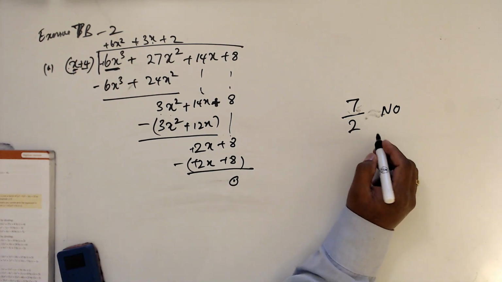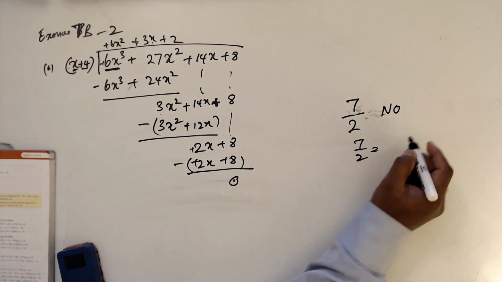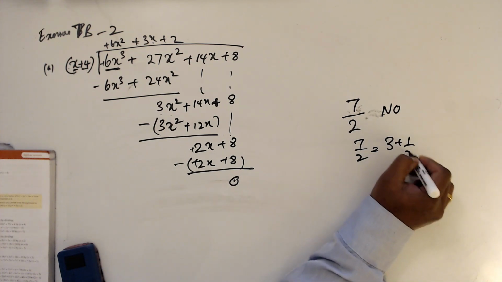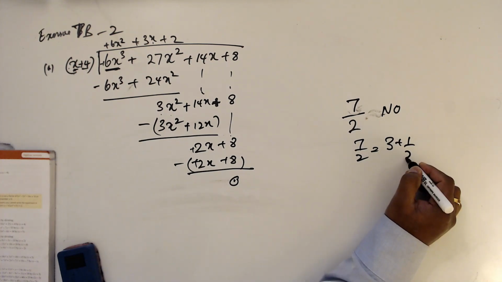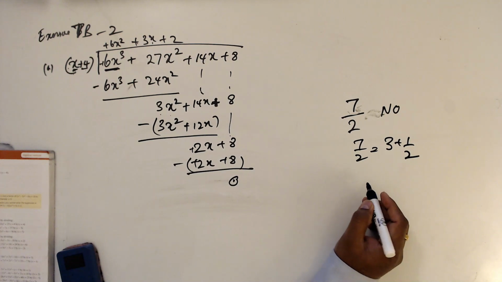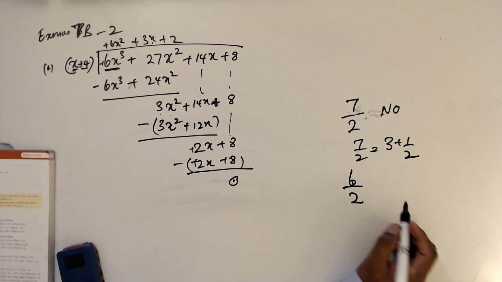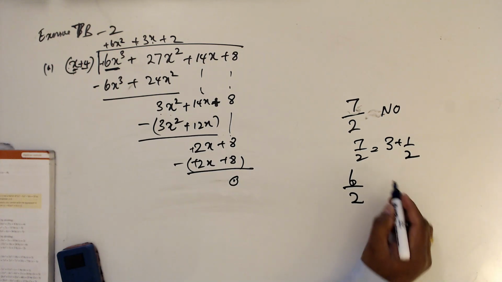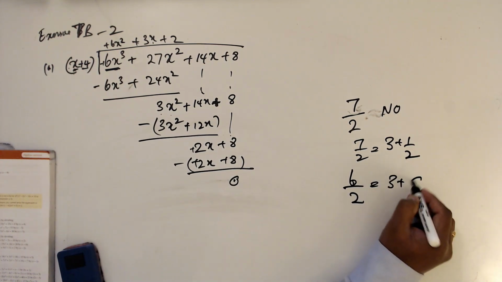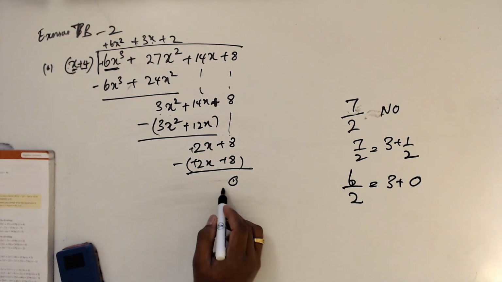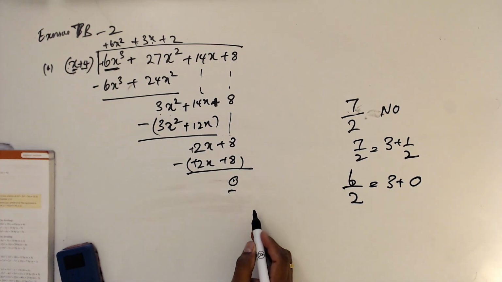It means when you divide 7 by 2, you have 3 and you have a remainder. Is 2 a factor of 6? Yes, because when you divide 6 by 2, the answer is 3, no remainder. So this is the same thing.